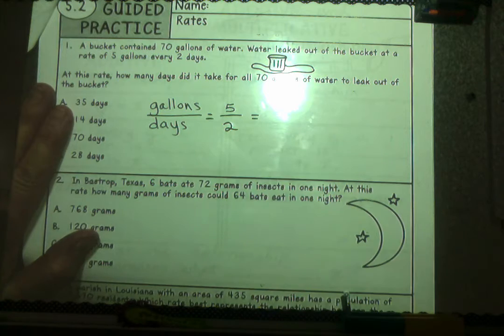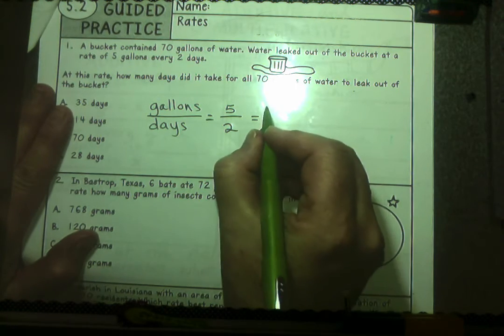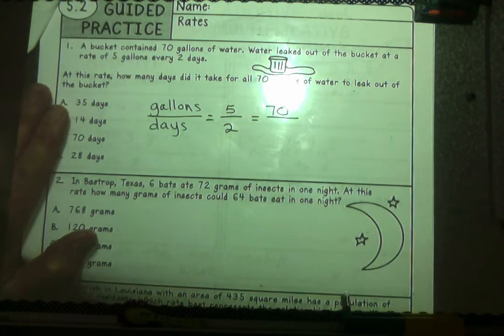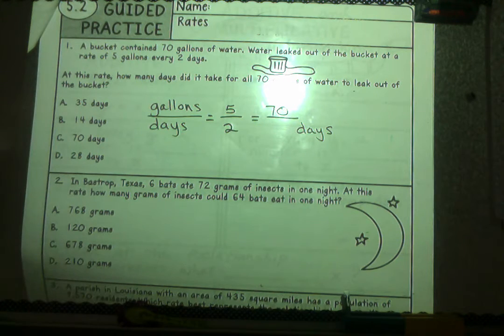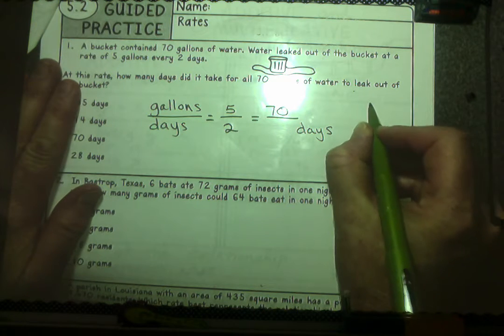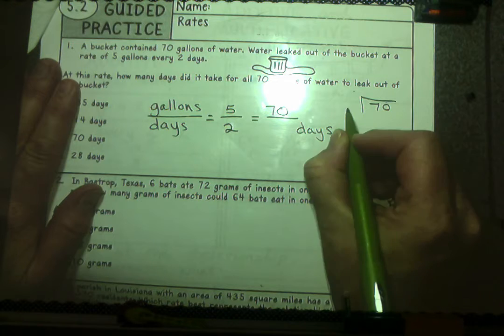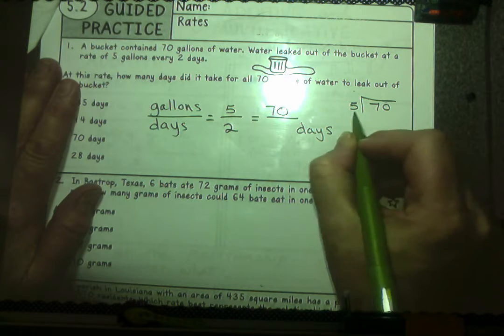Okay, they want to know how many days it will take if all 70 gallons leak out. Yeah, so 5 times what? I'd have to do some division probably to find out how many times 5 goes into 70.